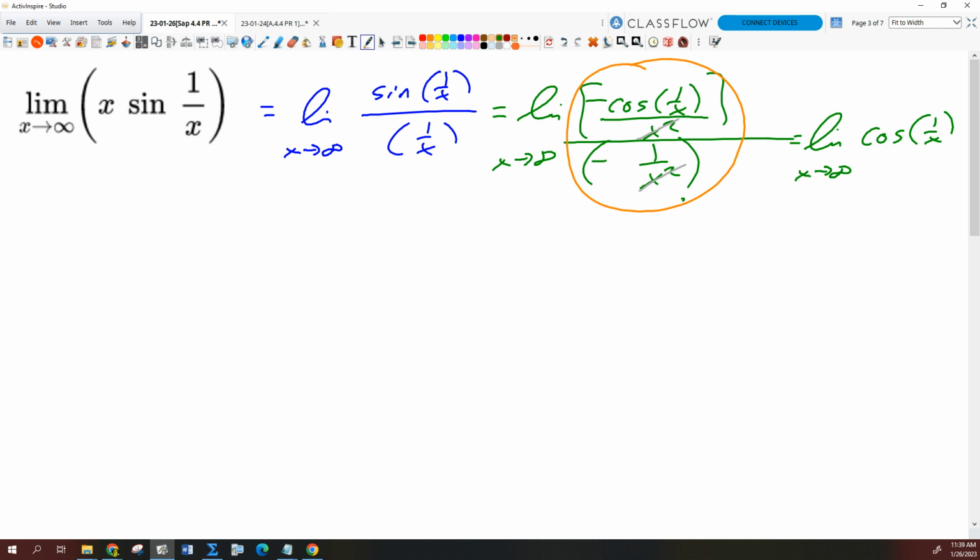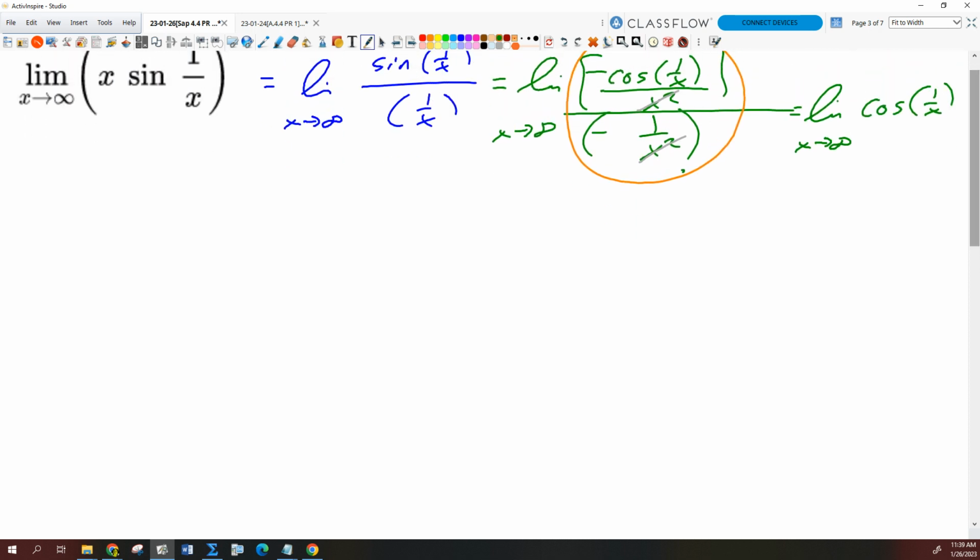Okay, and then we would just take that derivative. Do we even have to do that? What am I saying? We don't take the derivative. I'm not firing on all cylinders today. We can't differentiate that. We have to check and see if it's an indeterminate form, but it's not.